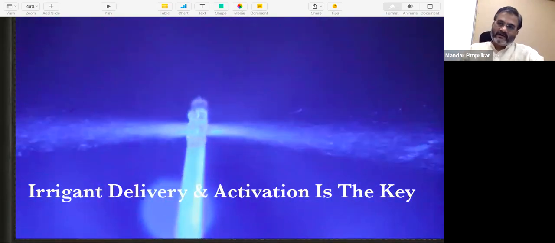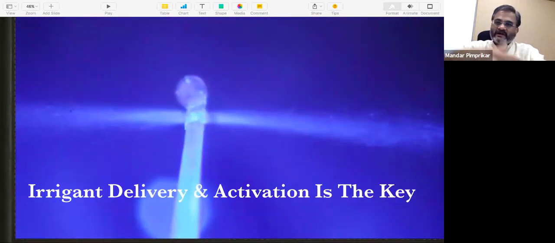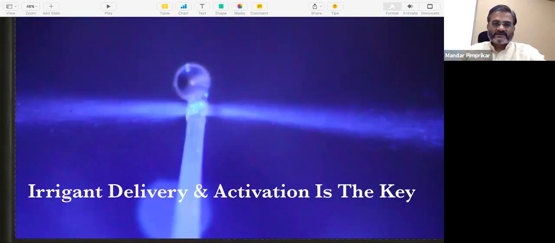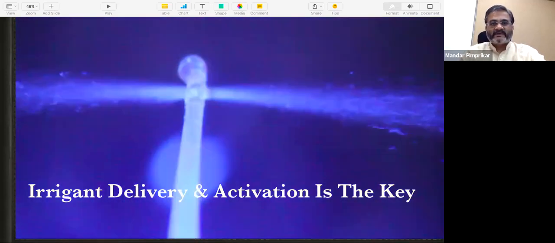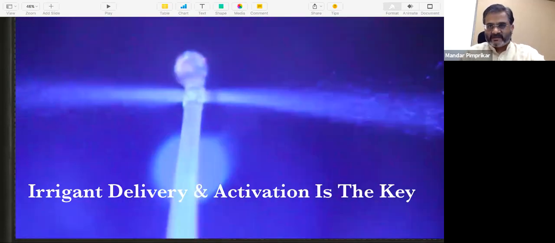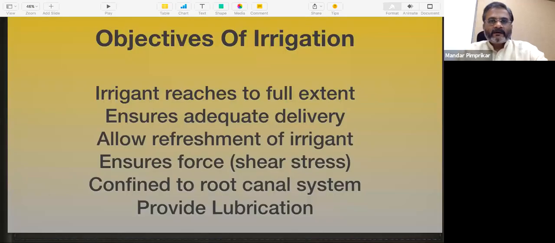Because with one side hole, you have to keep rotating the needle to get irrigant in contact with all canal walls. So this is going to be the next launch, polypropylene autoclavable tapered needles, in 30 gauge size. Anyways, let's come to the objective of irrigation.